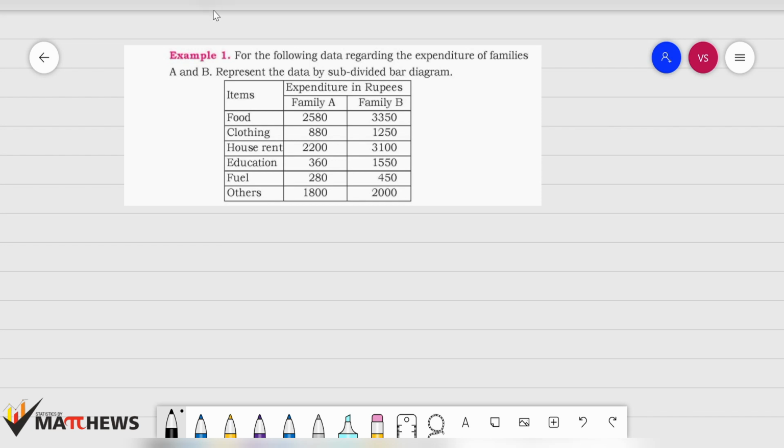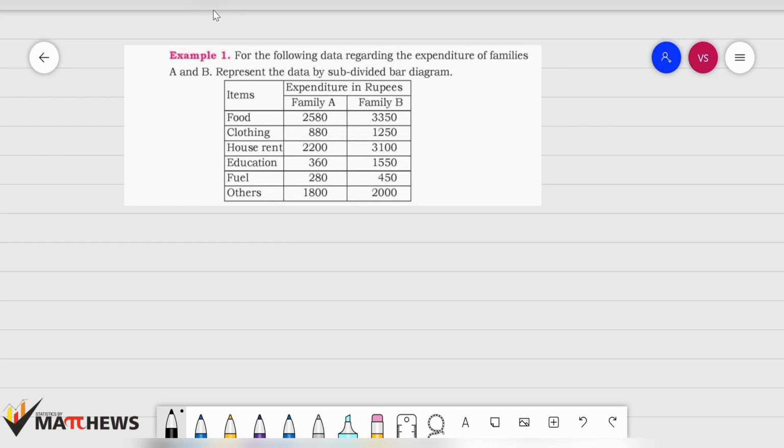The question says: for the following data regarding the expenditure of families A and B, represent the data by a subdivided bar diagram. They have given the expenditure in rupees of two families, family A and family B, in various items.